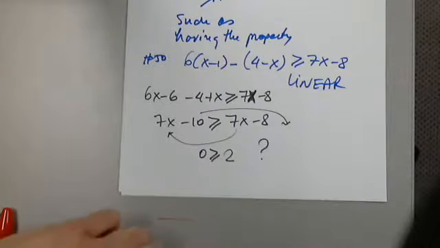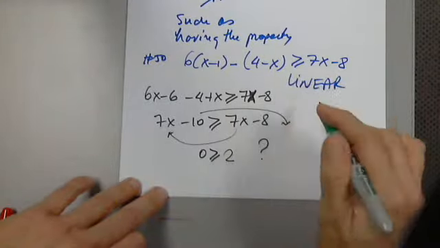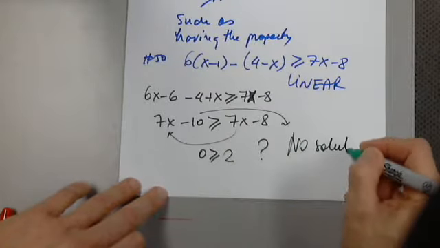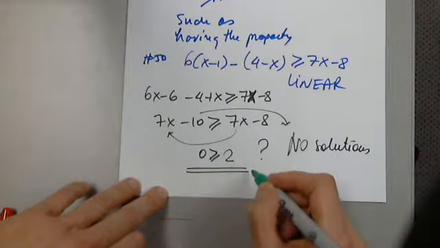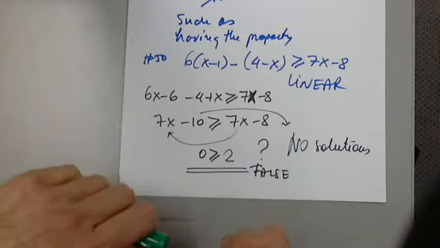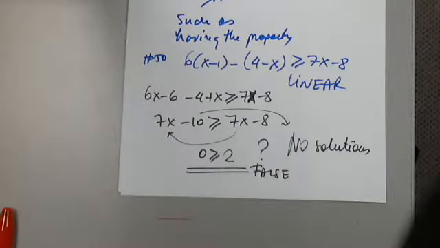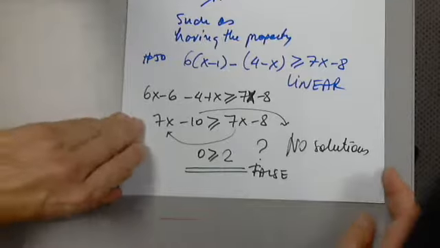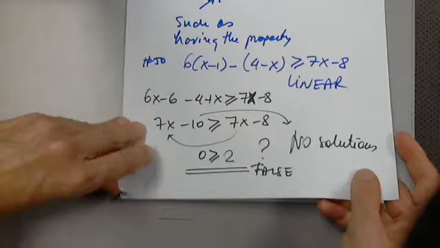I'm telling you having $0 is better than having 2. No. So what do I conclude about the inequality? Thank you. It's false. I got to a false statement, so therefore the inequality has no solutions. Very good.